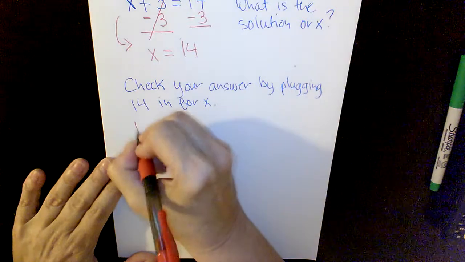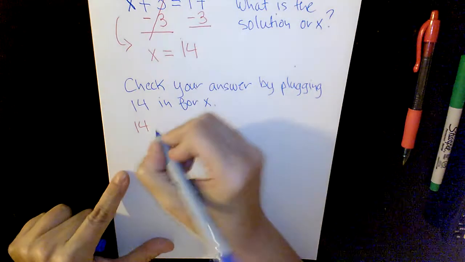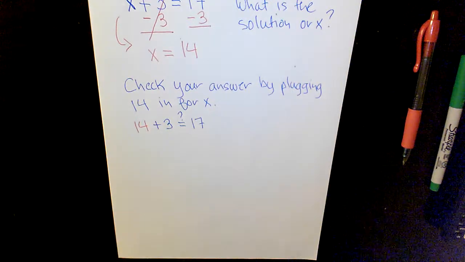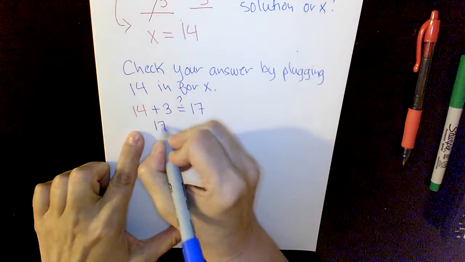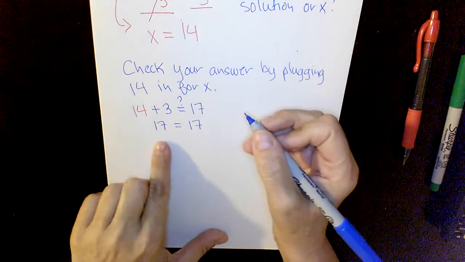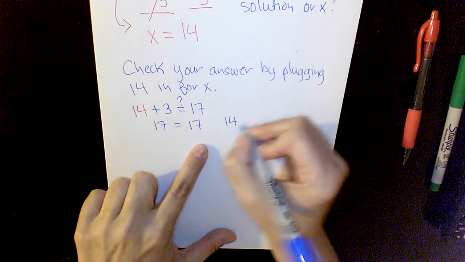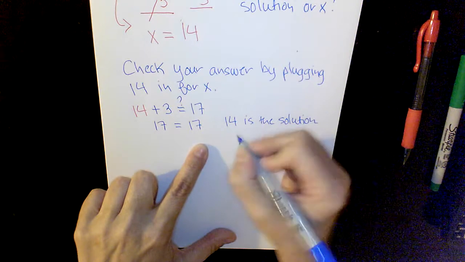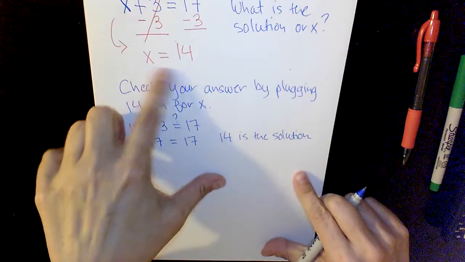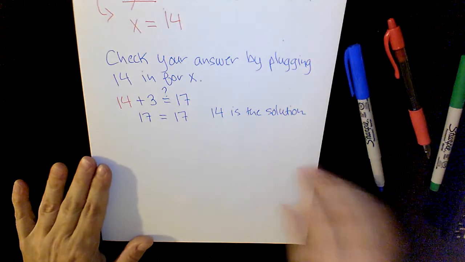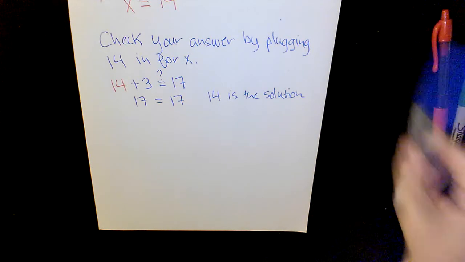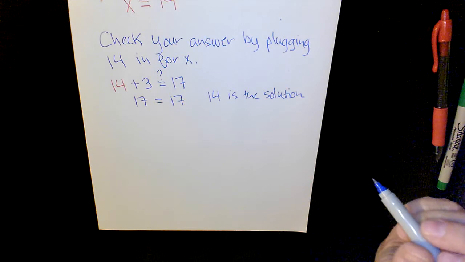So I'm going to plug in 14 here for x plus 3. Does that equal 17? Well, I've got 17 over here. So it does equal out. So we say that 14 is the solution, or x equals 14, like I did up here. How's that? Always plug in and check, because you'll never know. You want to know if you're right or not, always plug in and check, especially on a test or quiz. Check your answer.